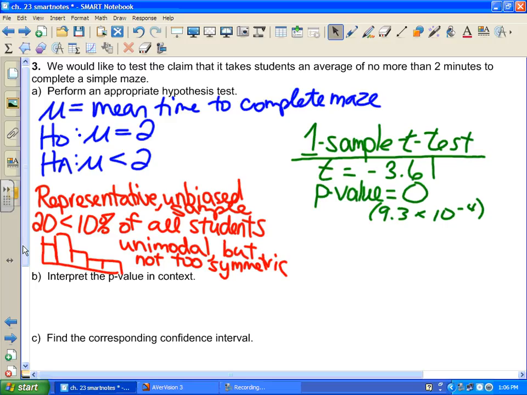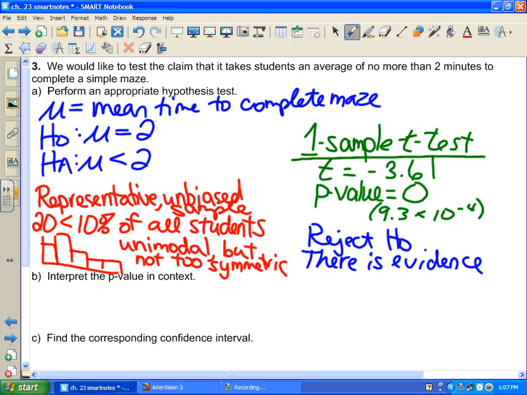Okay, so two parts to the conclusion. Part 1: reject the null hypothesis because this is low. I didn't give you a significance level, but it really doesn't matter. 0 is pretty much lower than everything. What's our conclusion in context? You can write p-value is low, but then there's evidence.